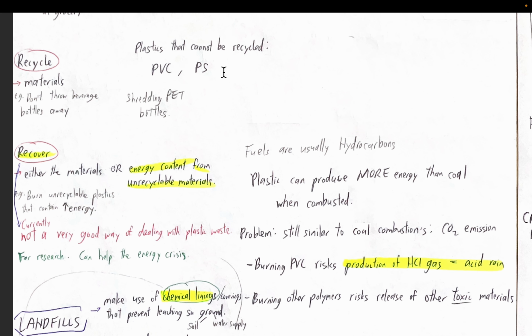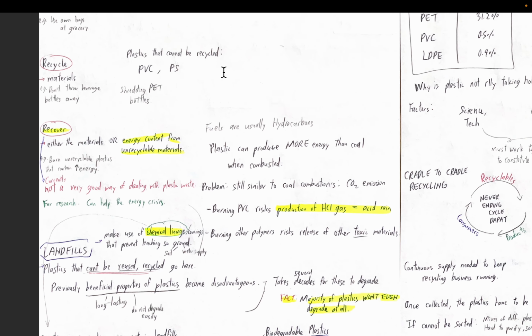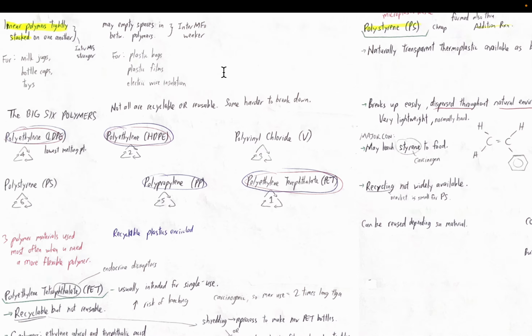Although they cannot be recycled, we'll just say good game, GG's. Although I know that's not the end for these kinds of plastics. They cannot be recycled, but I think if I recall correctly, they can be downcycled.